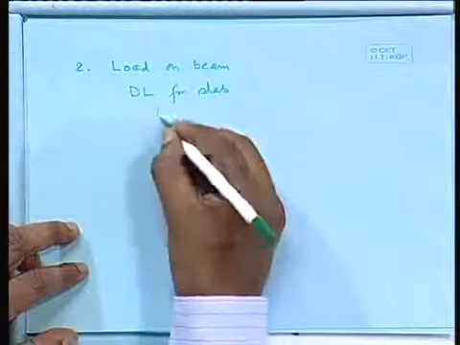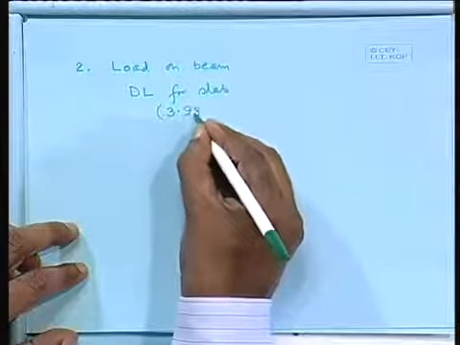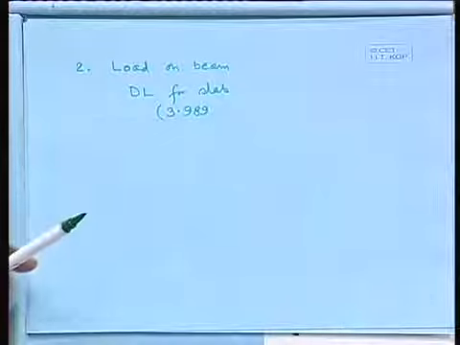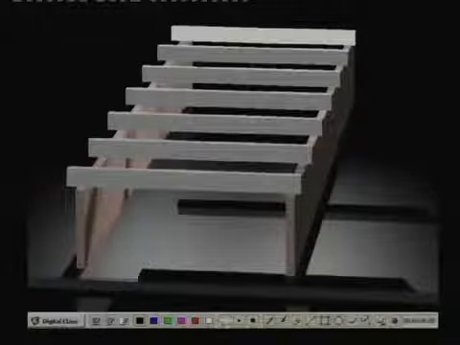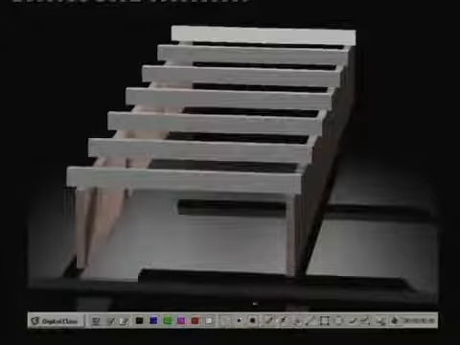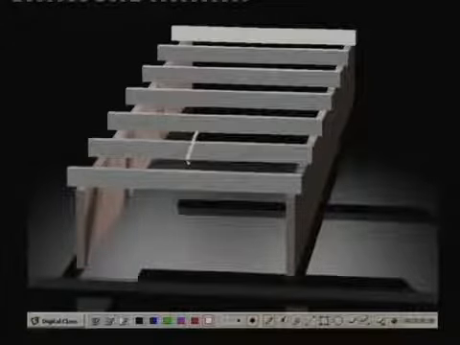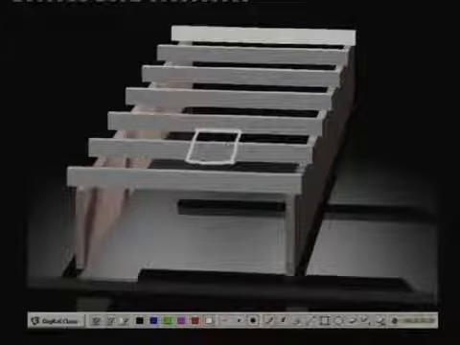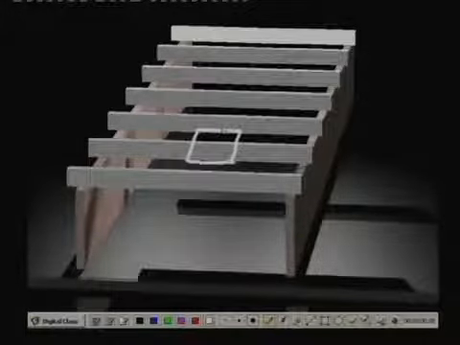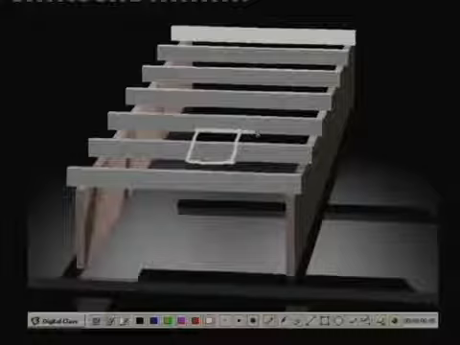So the dead load for the slab, how much will it be? We have got 3.989 kilonewton per square meter, that is 1 meter by 1 meter square.